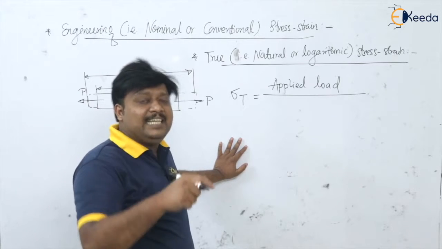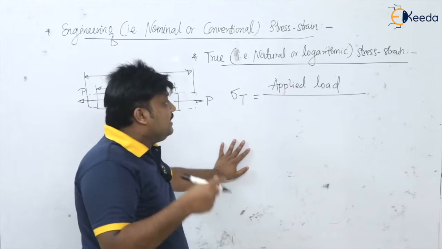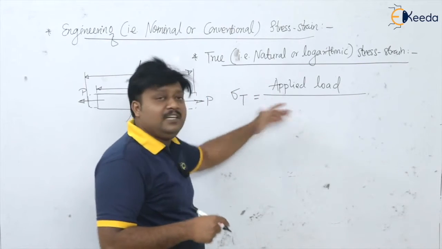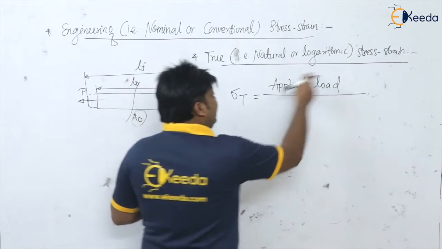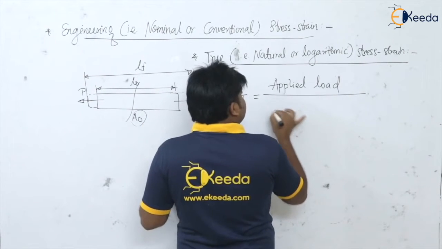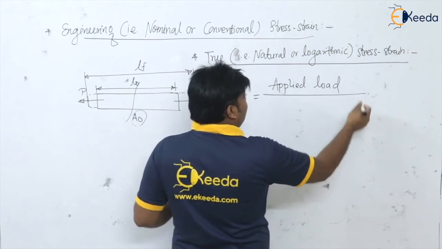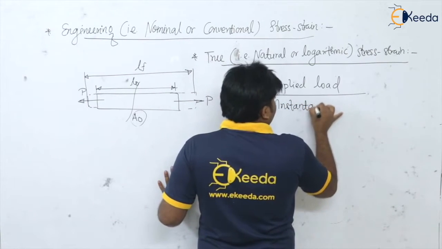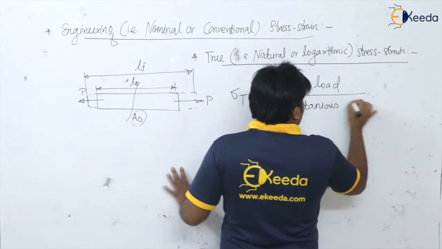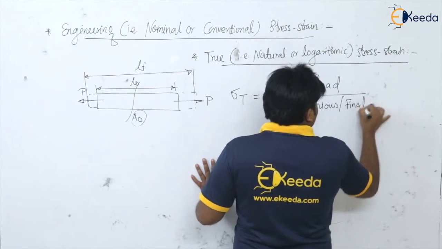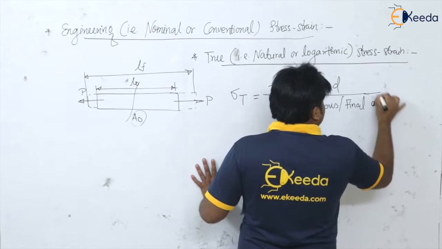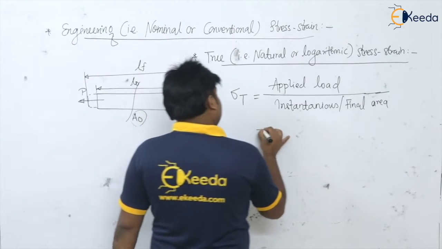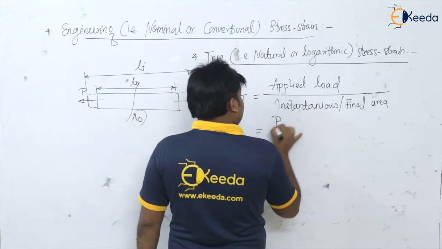It is the instant to instant measured stress or strain. So it is the applied load divided by the area at the time of measurement, the instantaneous area, taken for the calculation.